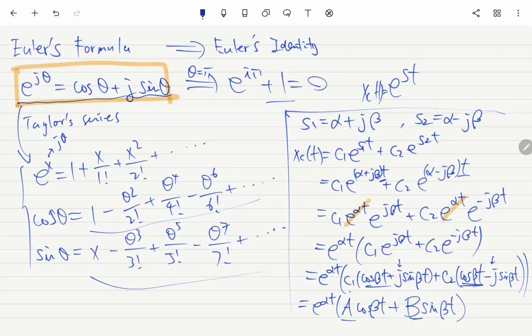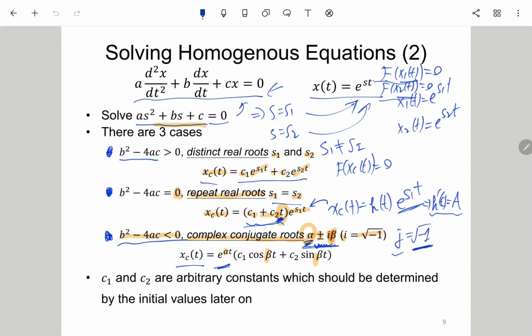Which means that C1 and C2 should be complex conjugates of each other, so that both capital A and B are real valued. So here we have e^(αt), and then A times cosine of βt, plus B times sine of βt. Although that one is A, B, this one is C1, C2, they are just unknown, undetermined variables, so no matter how you call it is fine.